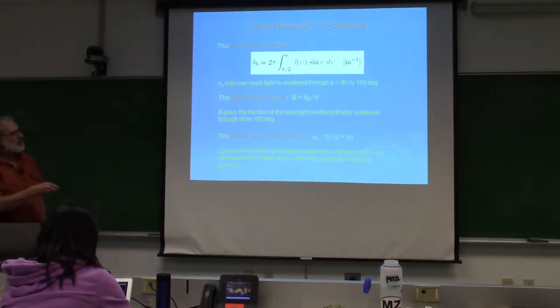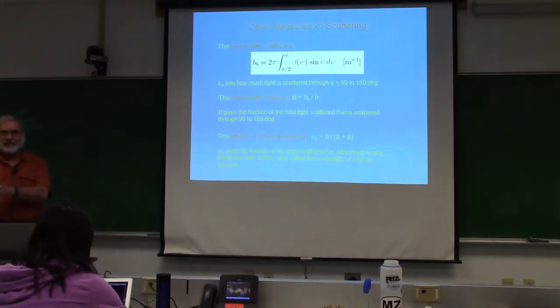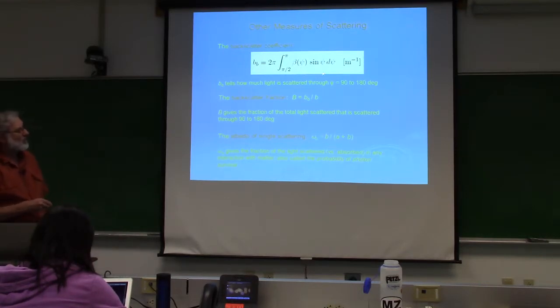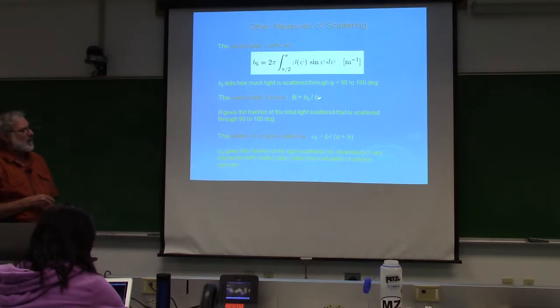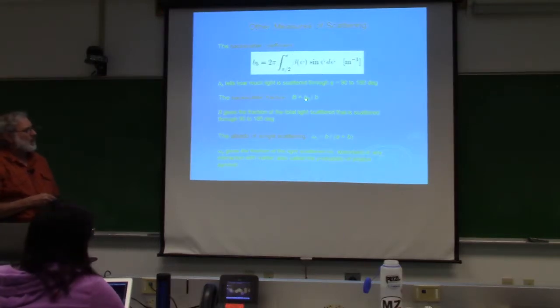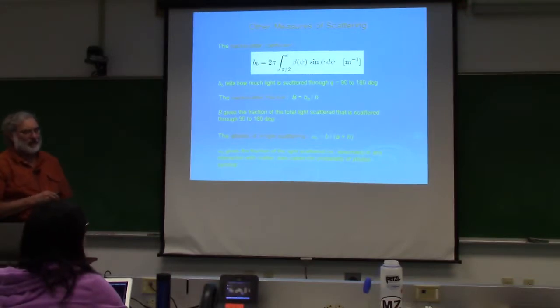And of course you can do 0 to pi over 2, and that's the forward scattering, and then the forward plus the backward is the total. So just another definition you've seen before. And there's something called the backscatter fraction, which is the ratio of backscatter to total scatter, and that usually gets called either capital B or a little b with a tilde on it.